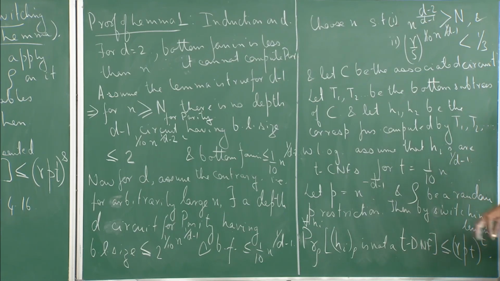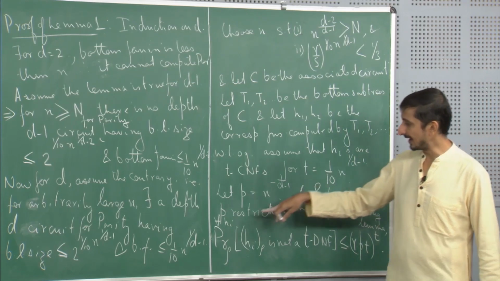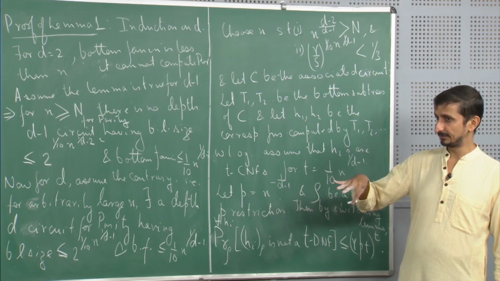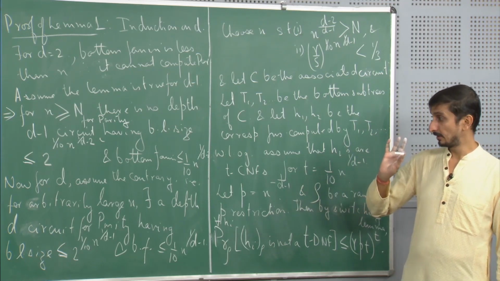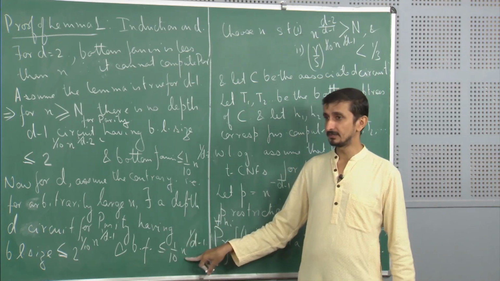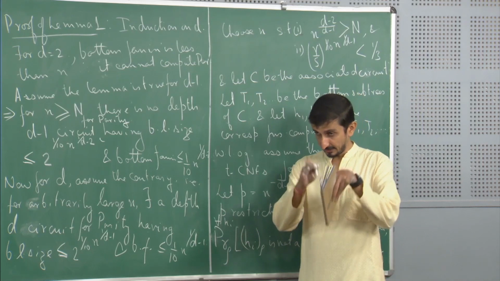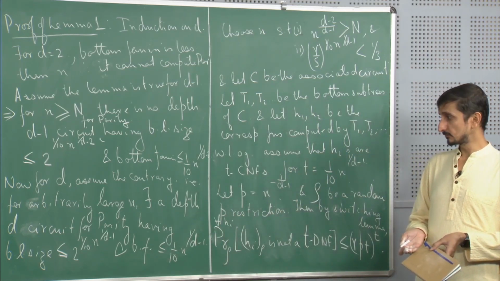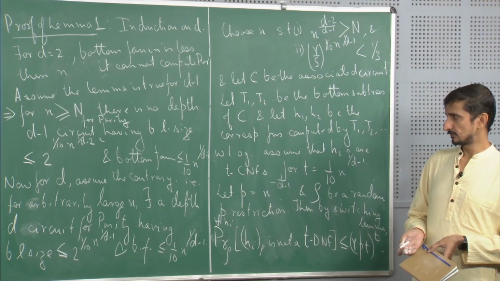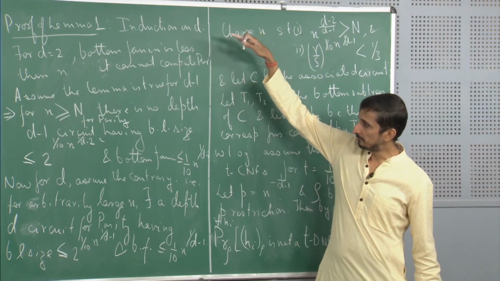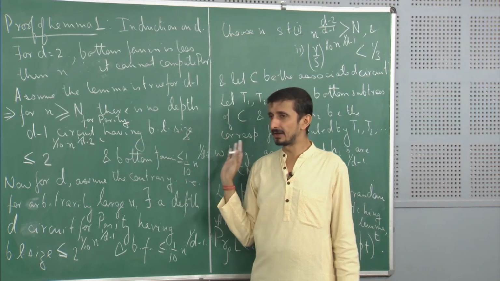So what is your question? Why is the TCNF bounded by this T? Because the bottom fan-in is bounded by this. That is the inductive assumption, that for all up to d minus 1 the lemma is true.